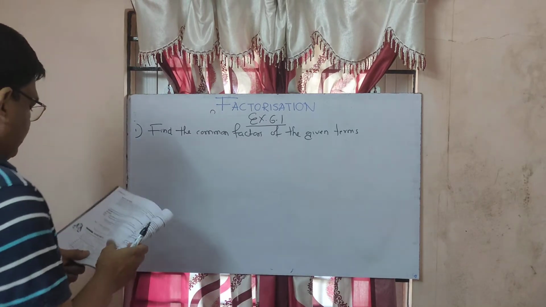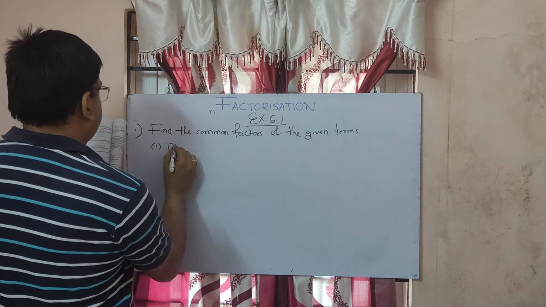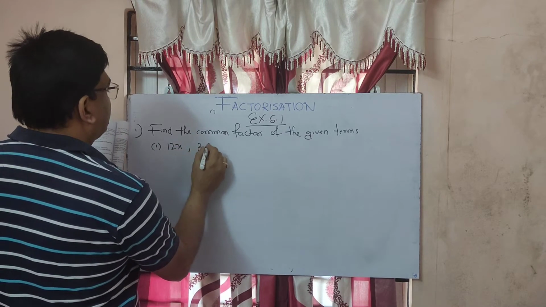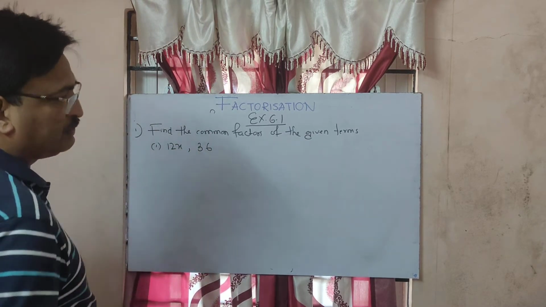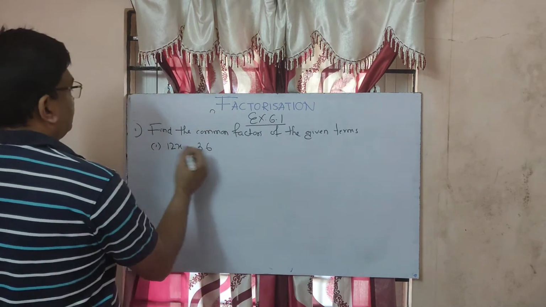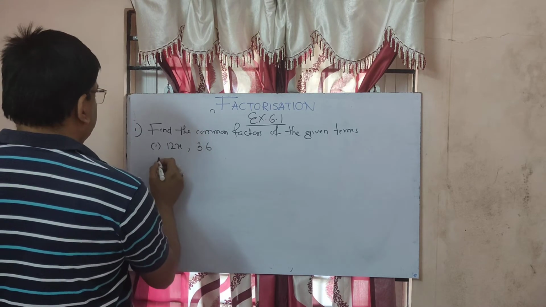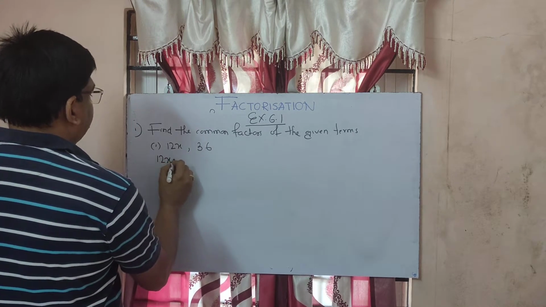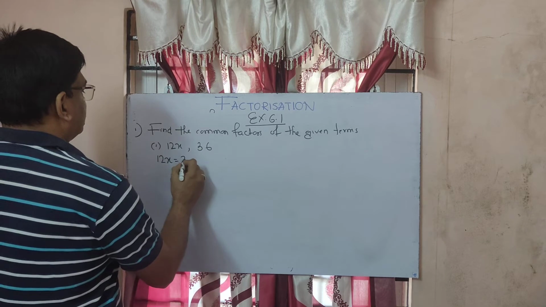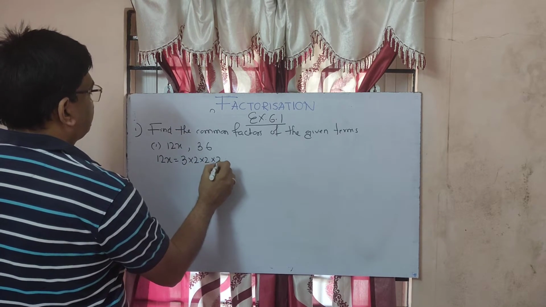So the first one now, 12x and 36. First of all, what you do is find the factors of 12x. 3 twos are 6, 6 twos are 12, and x.